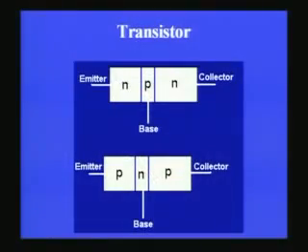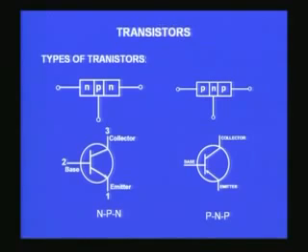The plate is the one which is normally held positive to attract or collect all the electrons, and the equivalent here is the collector, which collects all the electrons when they flow. So in terms of the names and the functions, you find there are a lot of similarities between a vacuum tube triode and the 3-terminal transistor that we discuss.